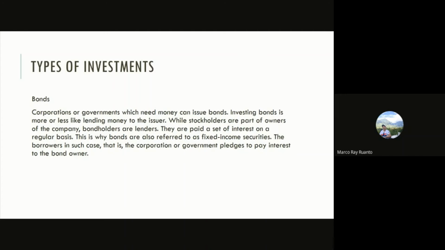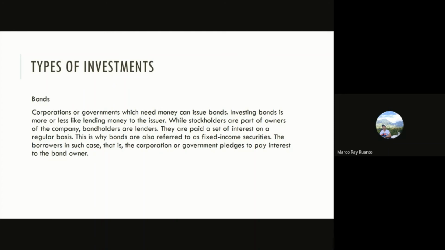But anyway, dili na siya basta-basta nga papel, no. They will offer you a certificate, and that certificate, that written agreement or the written account, okay, we call that as security.